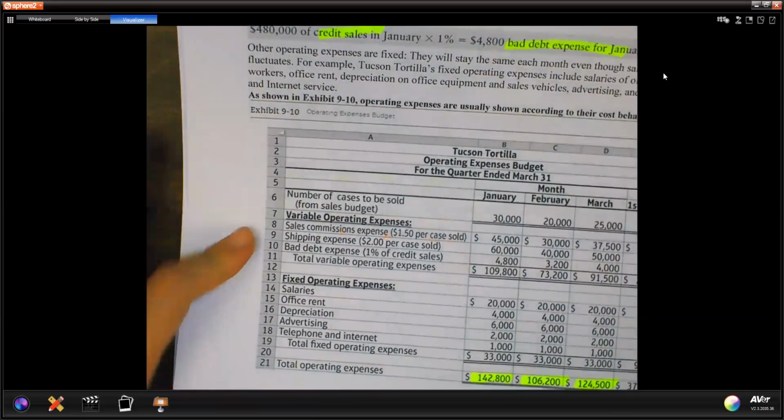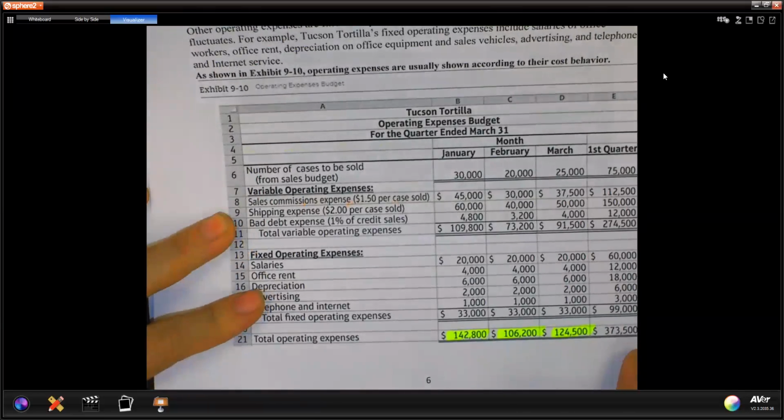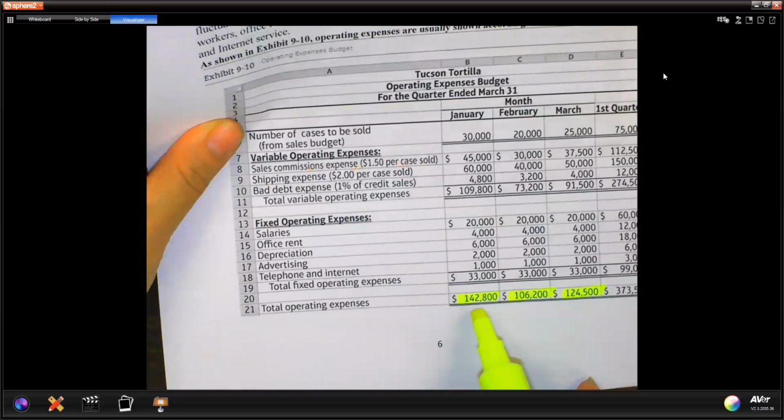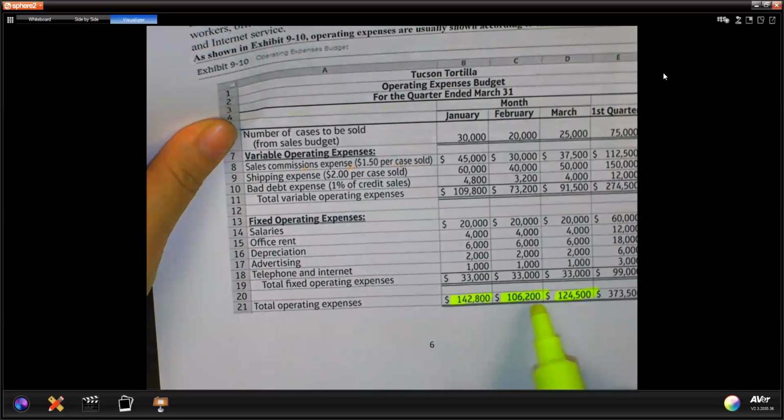And now we want to get our cash payment. We want to say, hey, do we pay all of these expenses the same month? Then you adjust from that expense to our cash payment. We said it's 142,800, 106,200, and so on.